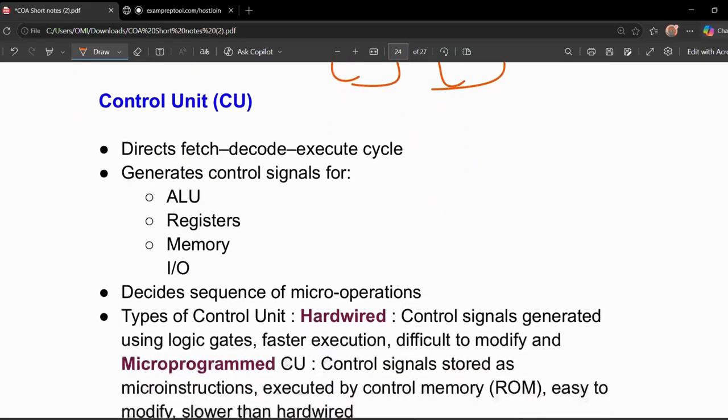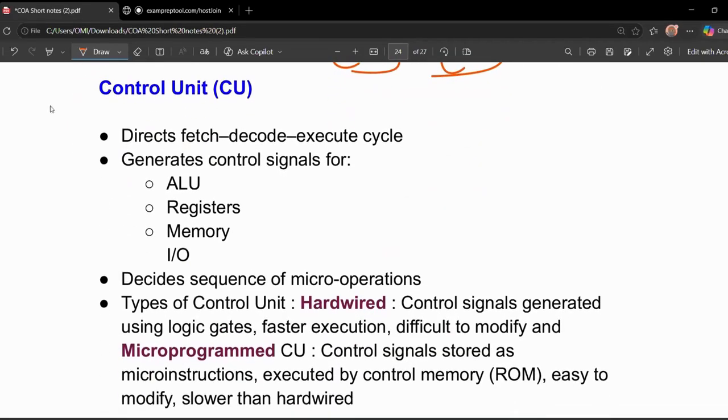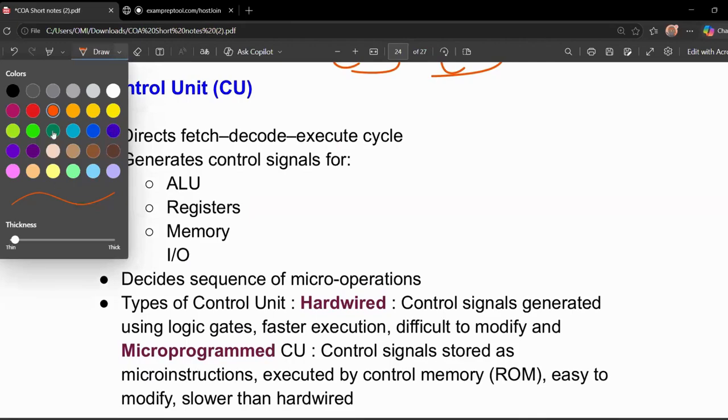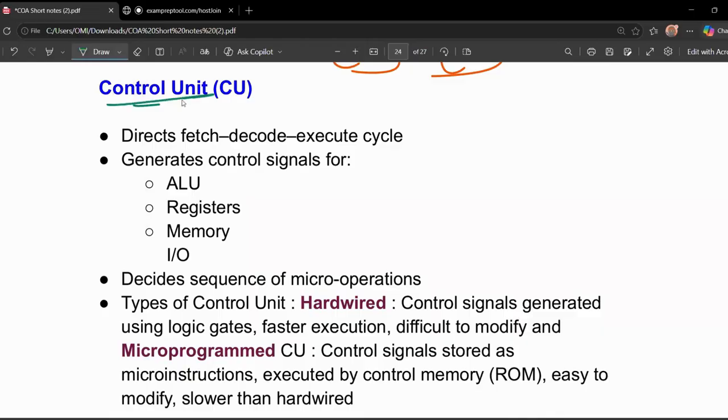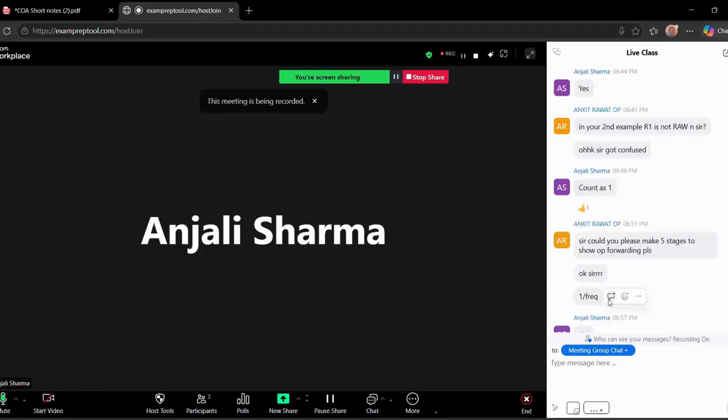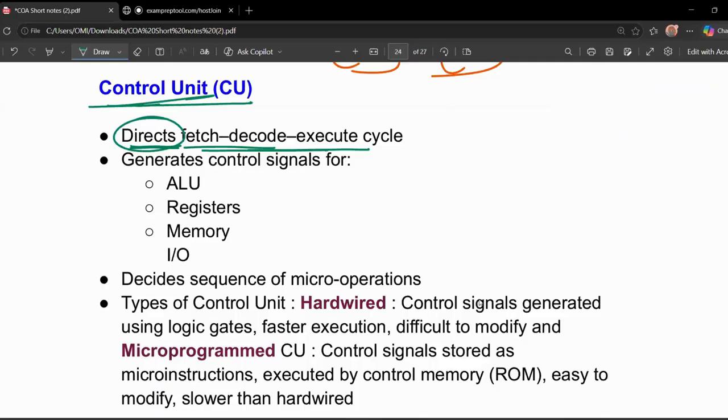Now we'll see the next topic, which is control unit. So what is the job of the control unit? It directs the fetch, decode, and execute cycle. It will give the direction on how to do the fetch, decode, and execute cycle, and it generates the control signals for different units.